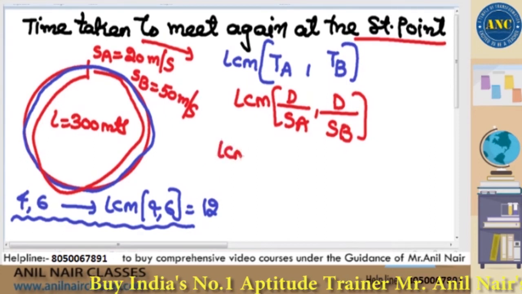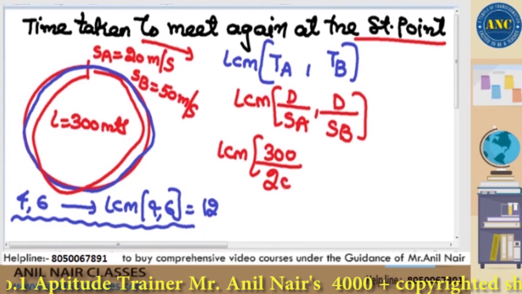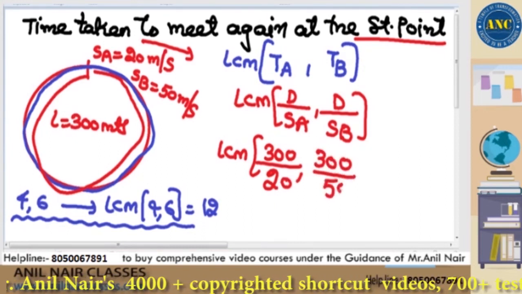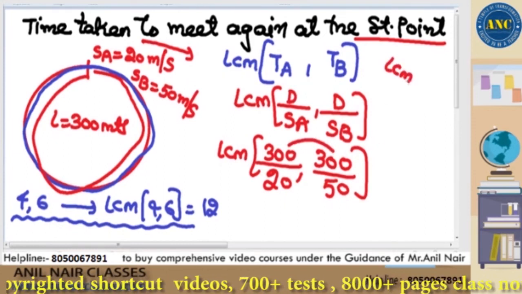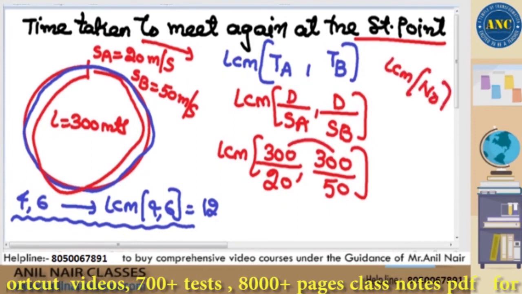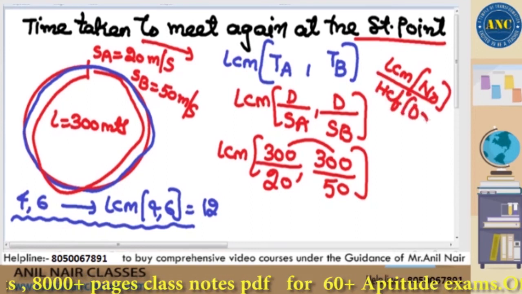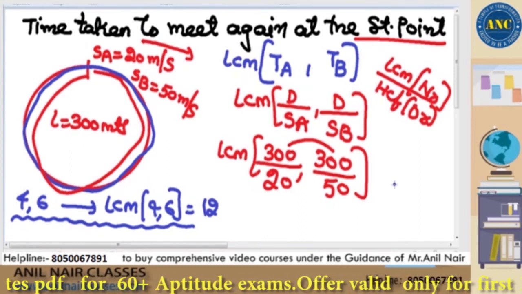It is nothing but LCM of 300 by 20 comma 300 by 50. LCM of fractions is LCM of numerator by HCF of denominator. Sir, why is it happening? If you want the proof, in the next problem we will see the proof.